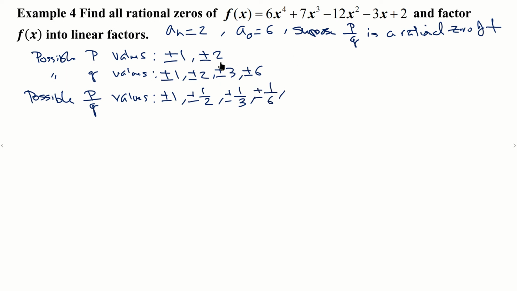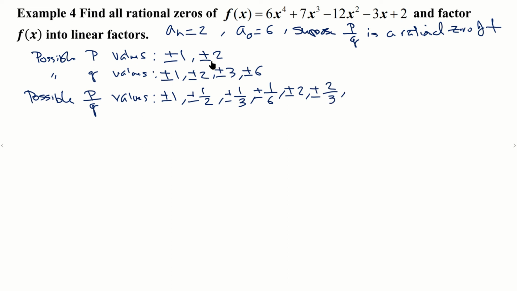Now we move to 2. So positive or negative 2 divided by positive or negative 1 will give us positive or negative 2. Positive or negative 2 divided by positive or negative 2 will give us positive or negative 1, which is already covered. We don't need to write it again. Positive or negative 2 divided by positive or negative 3 will give us positive or negative 2/3.